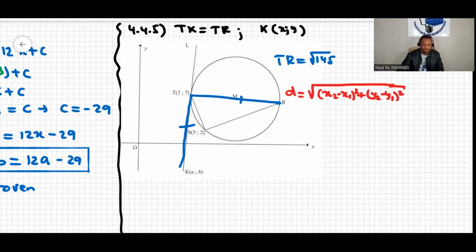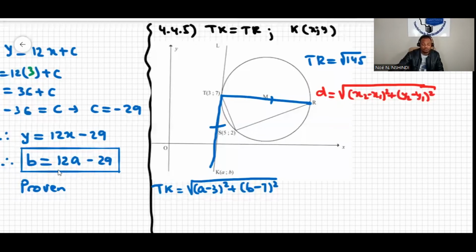Now TK will be the square root of A minus 3 to the power of 2 plus B minus 7 to the power of 2. Previously we made B the subject of the formula: 12A minus 29. So we can substitute the value of B by 12A minus 29 here.